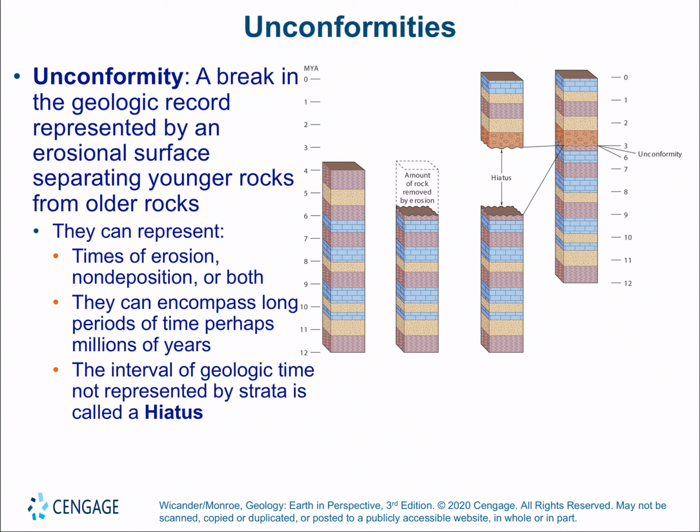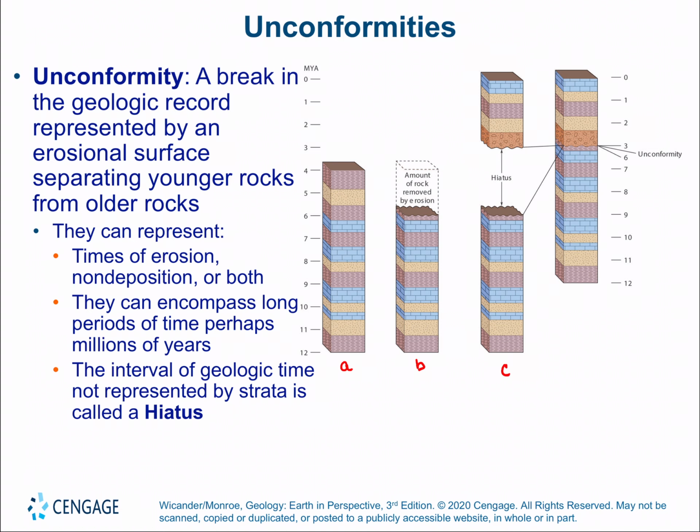Let's look at this figure to our right. In the first picture, which we'll call A, deposition began about 12 million years ago and continued more or less uninterrupted until about 4 million years ago. Then in B, between 3 and 4 million years ago, an episode of erosion occurred.